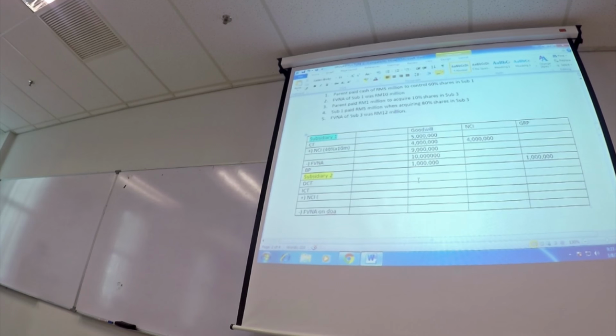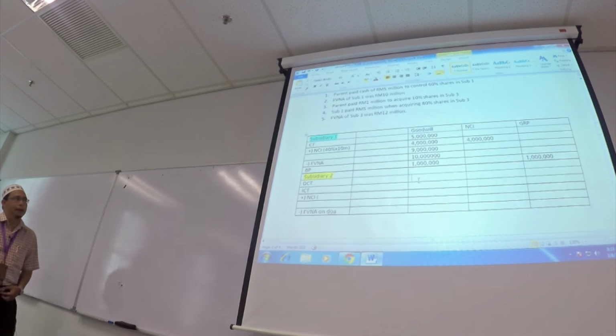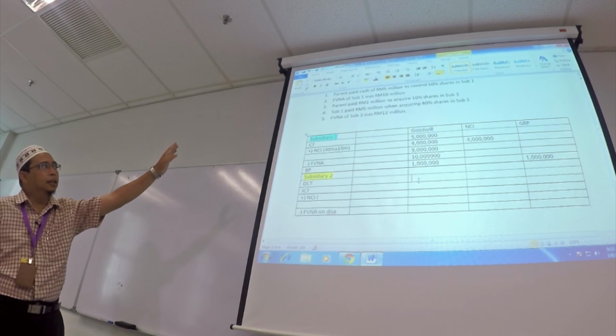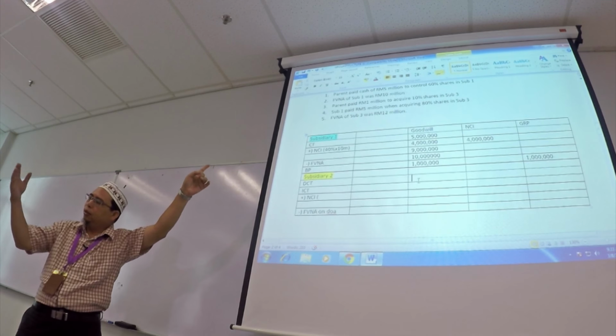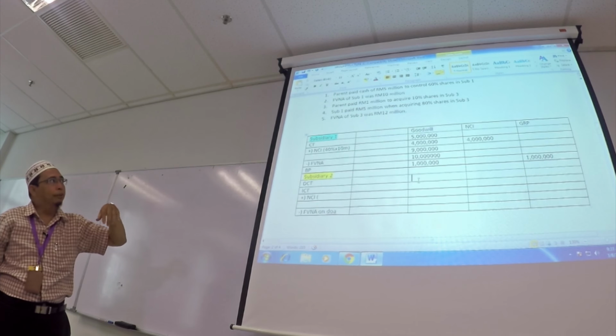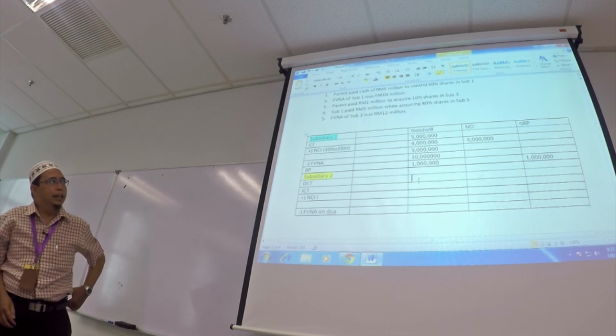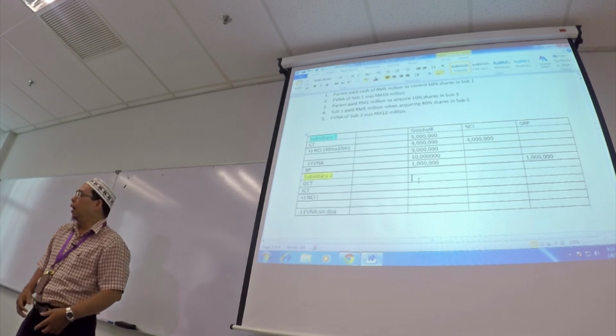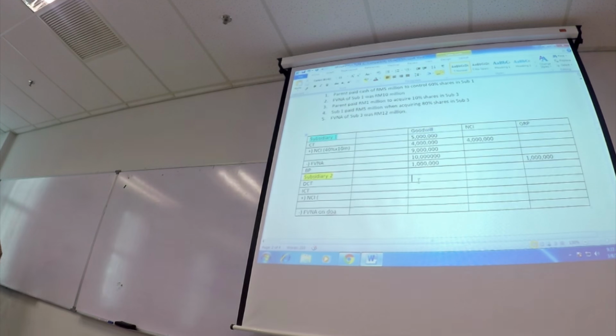So now, if we have this case where the parent paid 1 million for that 10% direct control, and subsidiary 1 paid 5 million when acquiring 80% share in subsidiary 3, how do we record them?